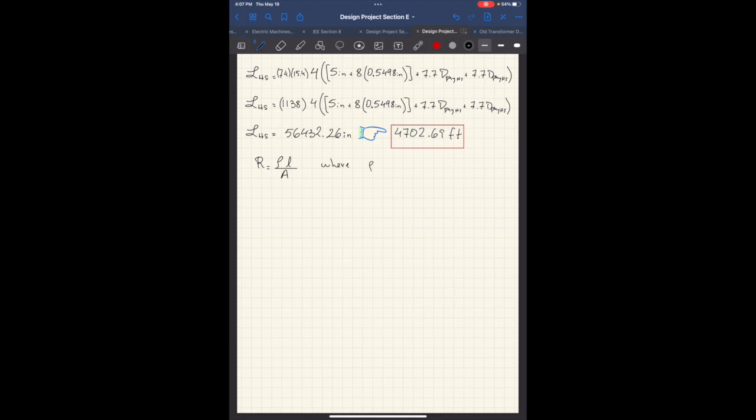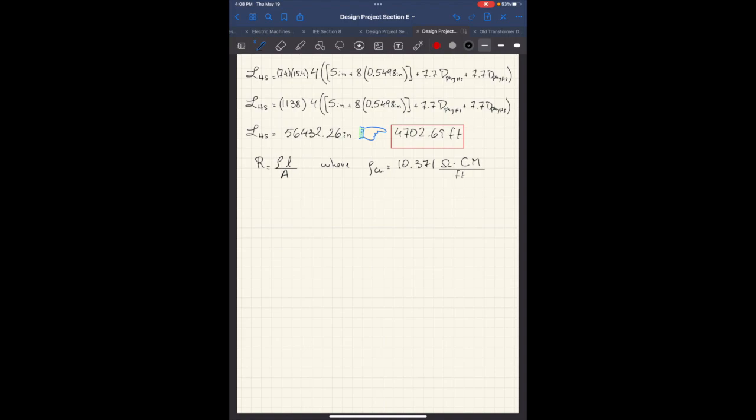The resistivity of copper is 10.371 ohm times circular mill divided by feet. Those are the units, and you'll see that it works out very well with the equation to give you ohms.